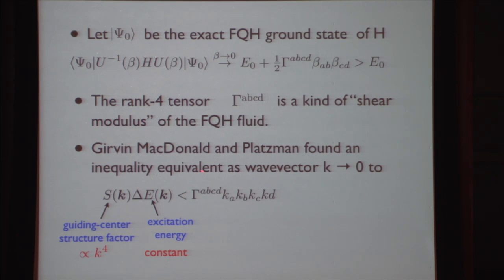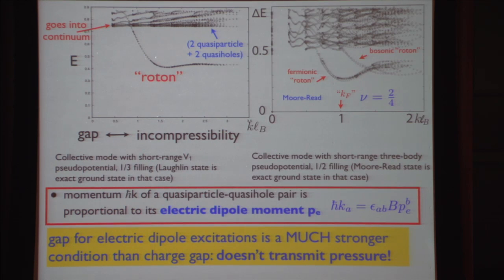What it turns out to be, the k to the fourth part, which is the top part of the Girvin-MacDonald-Platzman relation, is precisely just this shear modulus tensor, the fourth order shear modulus tensor of the state when you stretch it. So the long wavelength part of the thing is just these shears.